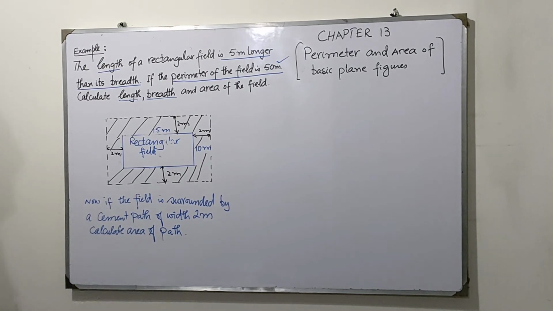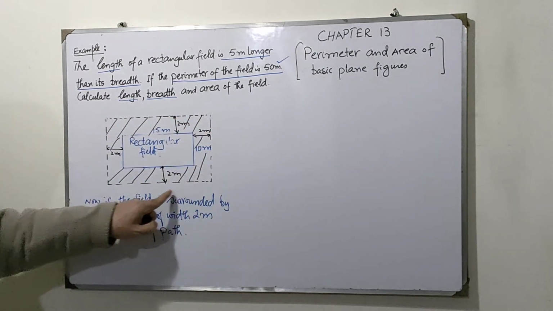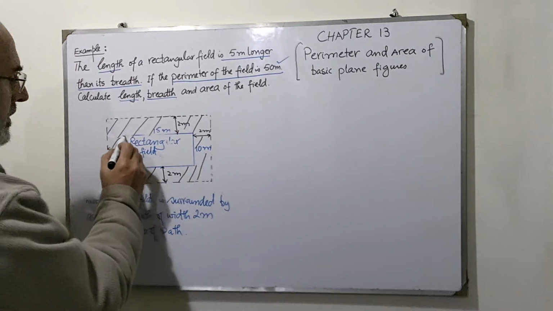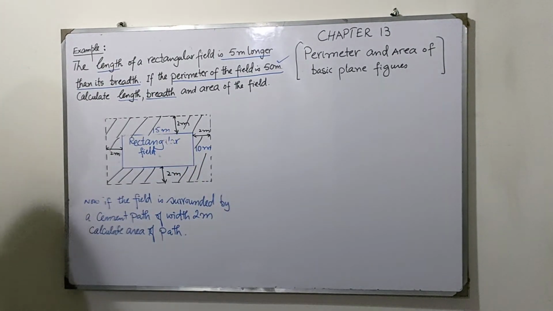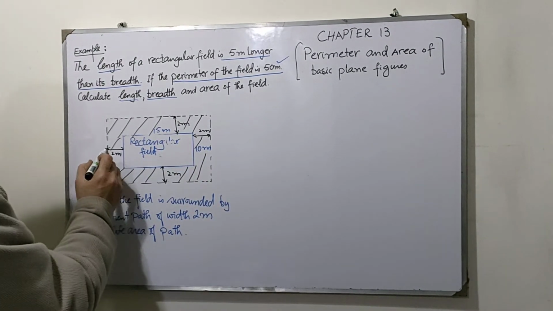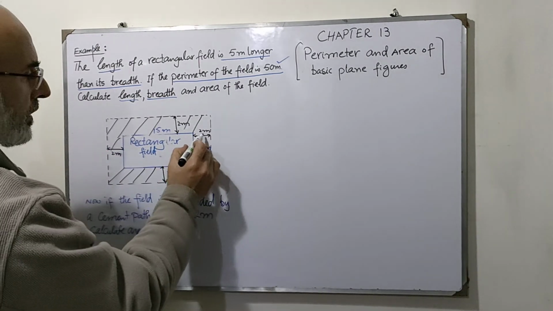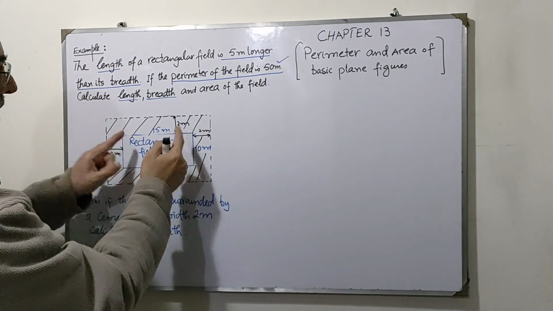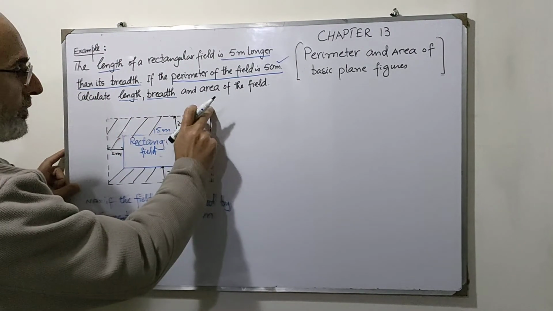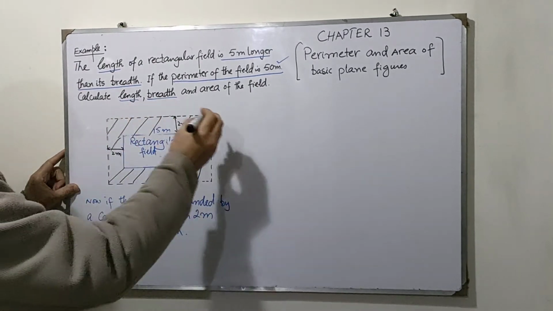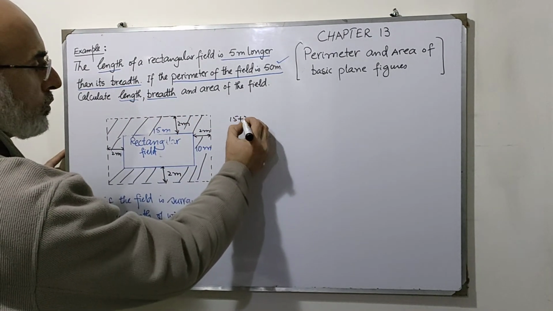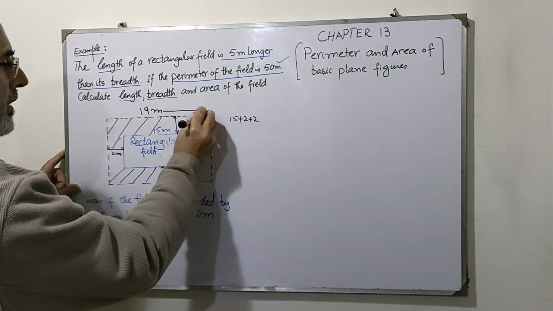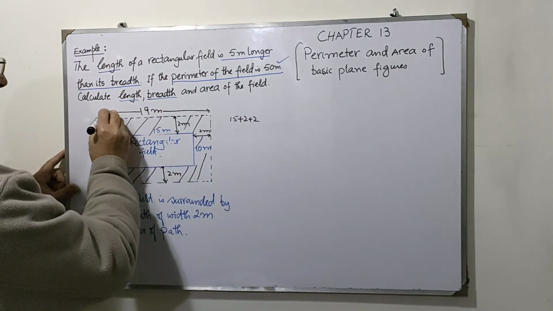The simple way is to consider this outer rectangle, the bigger rectangle. The field has a length of 15 meters, and from here to here it is 2 meters, and on the other side also 2 meters. So overall, the length of this outer rectangle becomes 15 plus 2 plus 2, which is 19 meters.